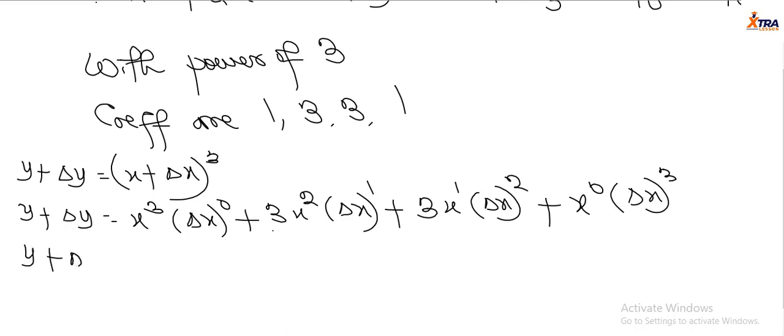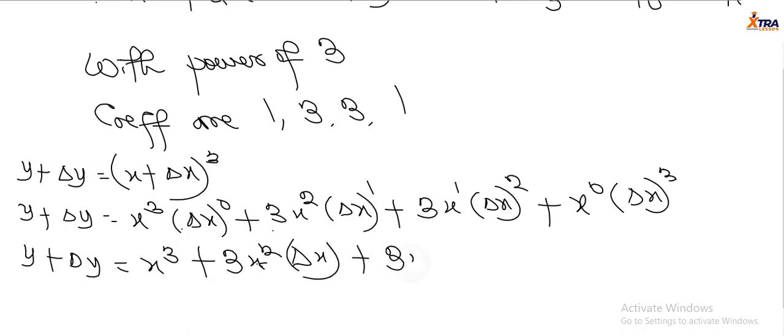So now let's simplify. Y plus delta y equals x to the power 3, delta x to the power 0 is 1, plus 3x squared delta x, plus 3x delta x all squared, plus delta x to the power 3.